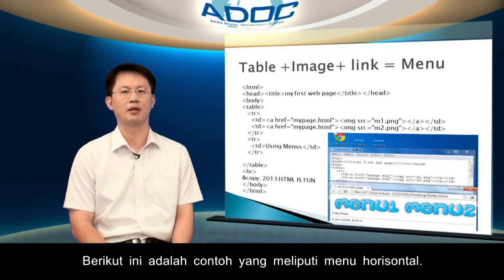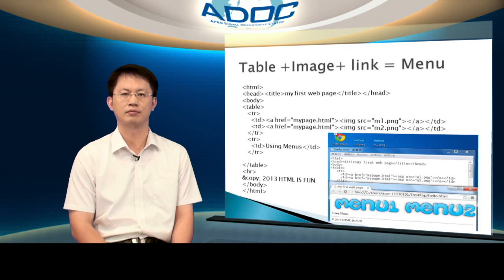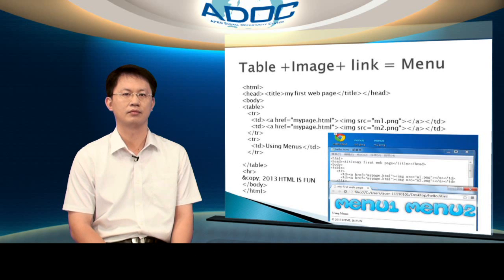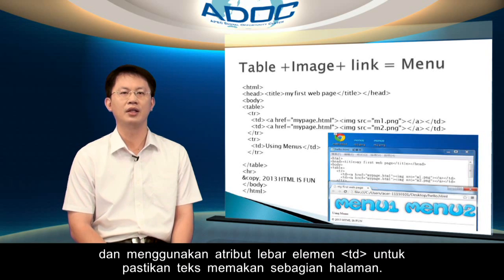Here is an example that includes horizontal menus. Note that we are also using tables to make sure the menus flank the enclosed text in the page, and using the width attribute of the TD element to make sure the text takes up most of the page.